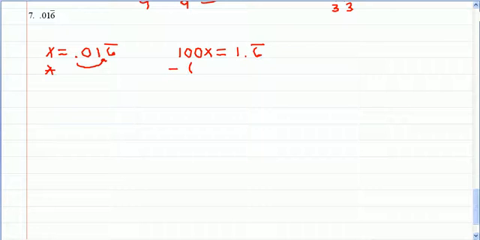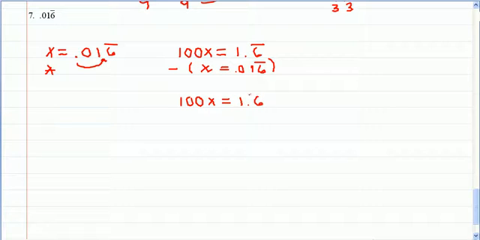So minus parentheses x equals 0.016 repeating. And then I rewrite the first equation and distribute the negative in the second equation. And before I subtract, my repeating parts are not lined up.